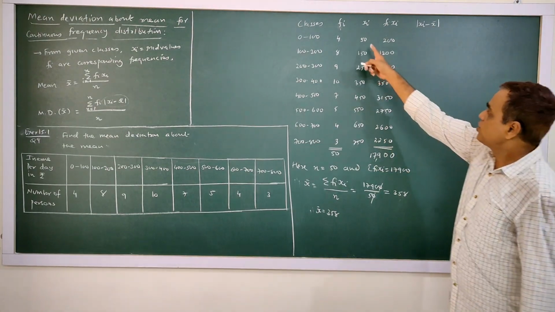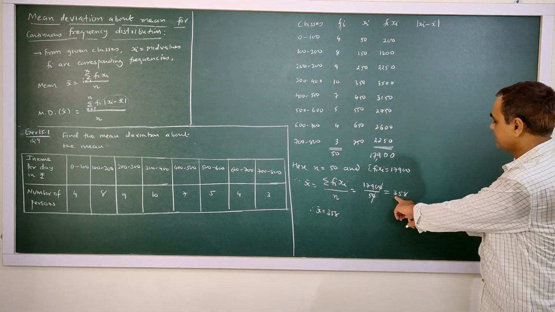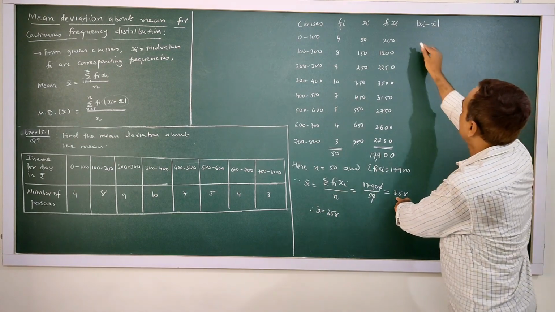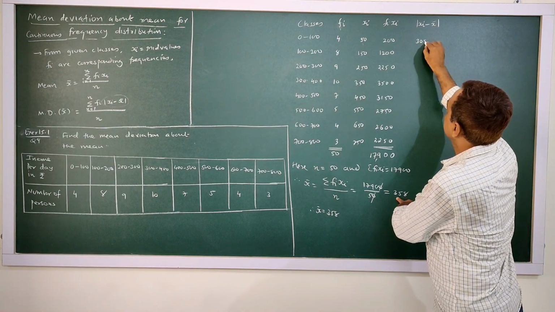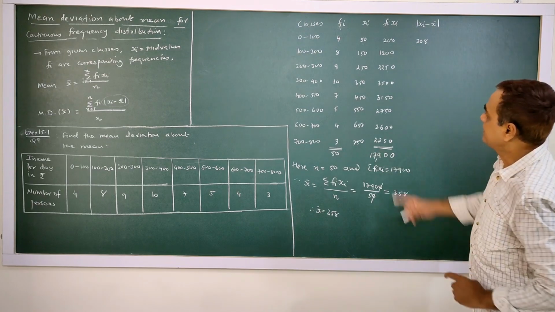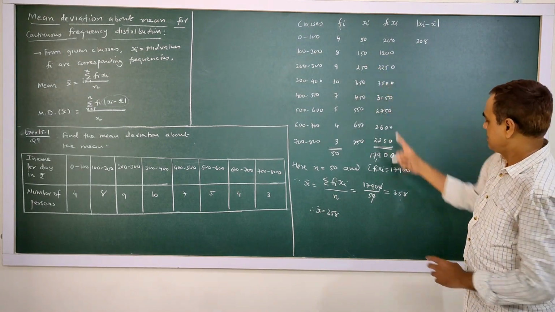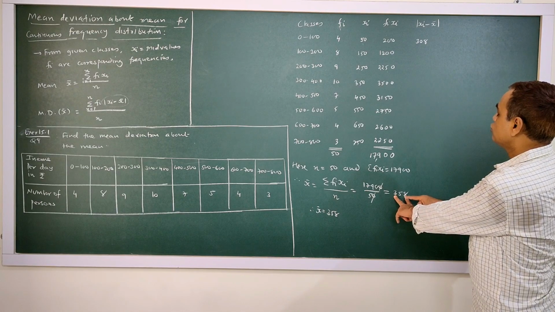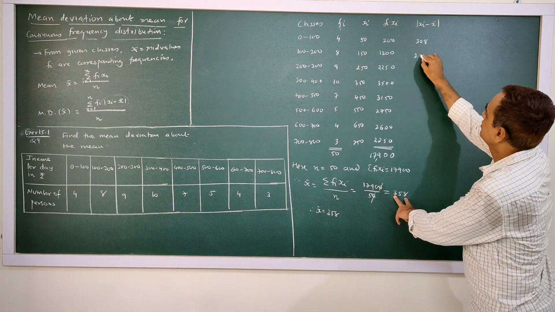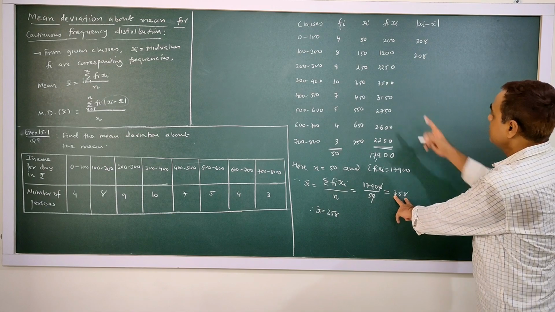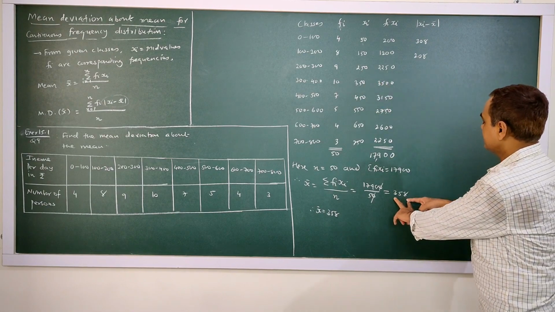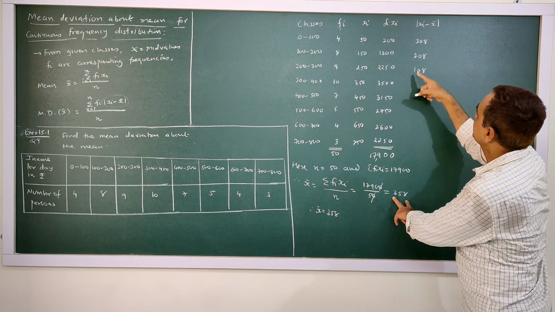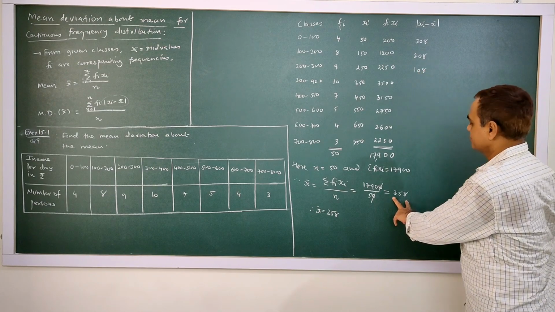So 50 minus 358 is minus 308, but modulus value is 308. Then 150 minus 358, so that is 208. 250 minus 358, that is 108.